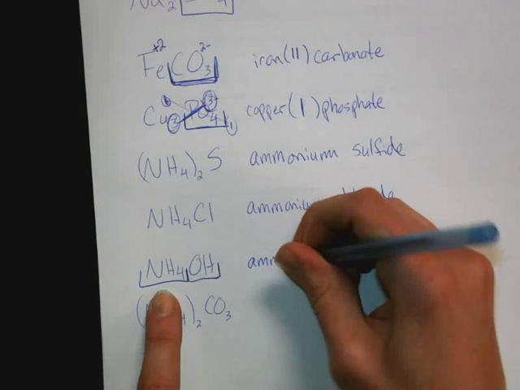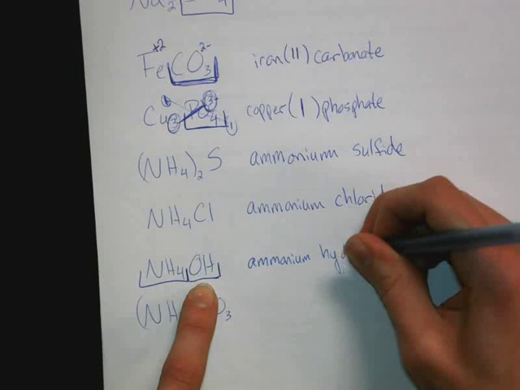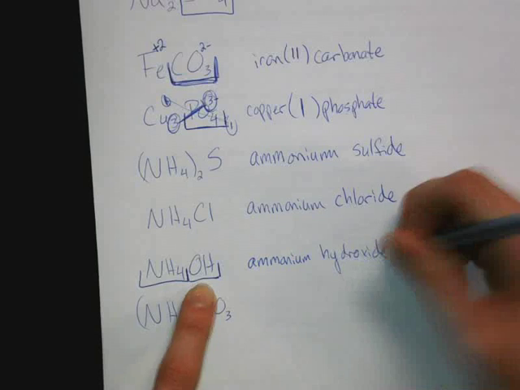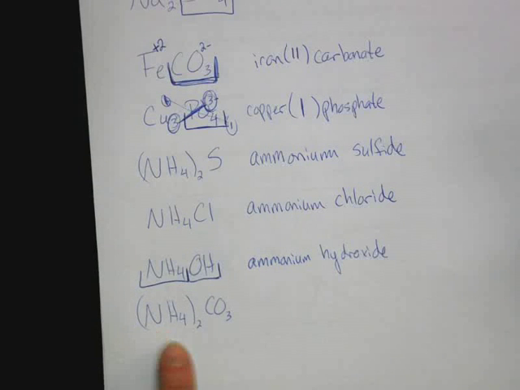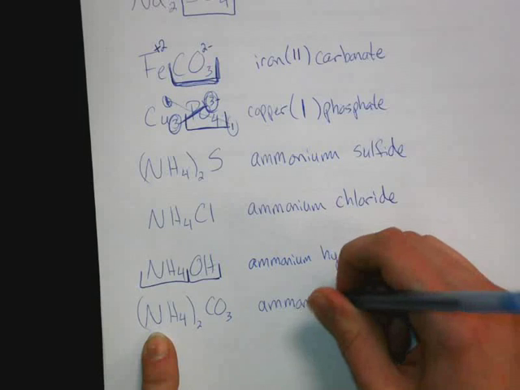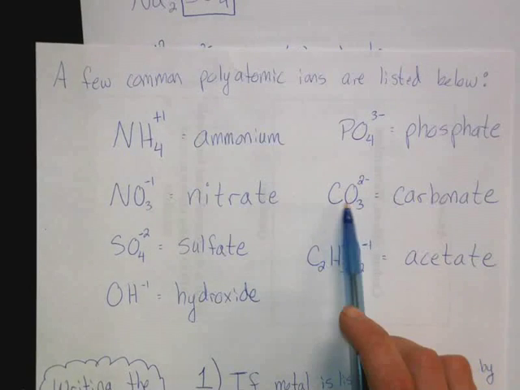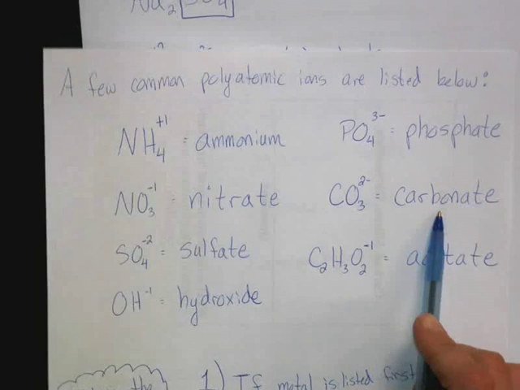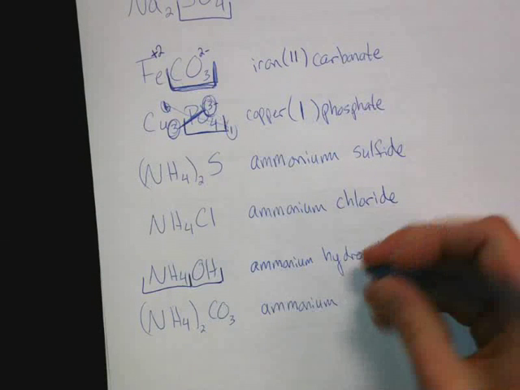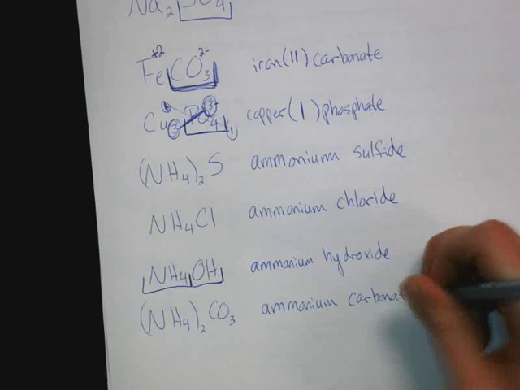So NH4 we already figured out was ammonium. OH is hydroxide. And down here, NH4, ammonium. And CO3 is another polyatomic. CO3 is carbonate. So this is ammonium carbonate.